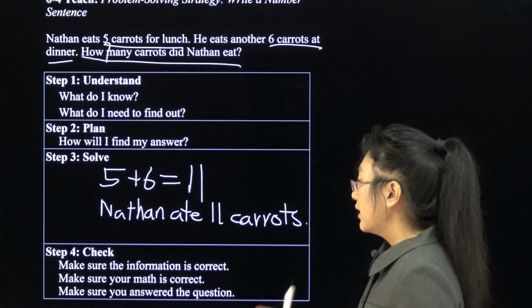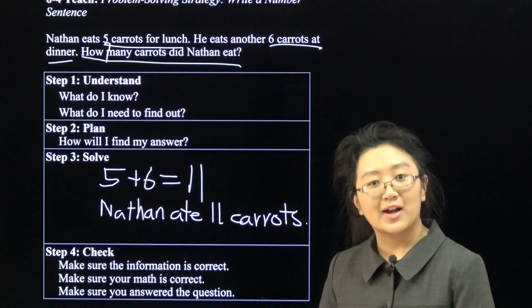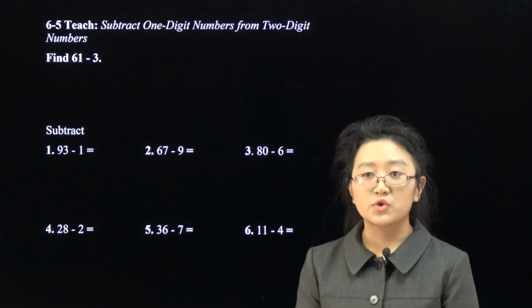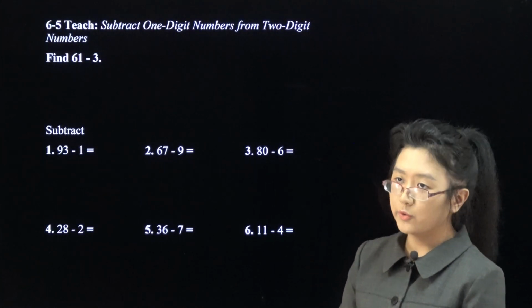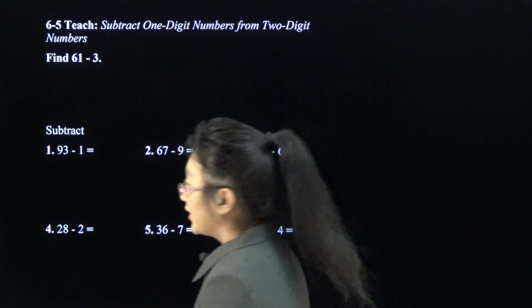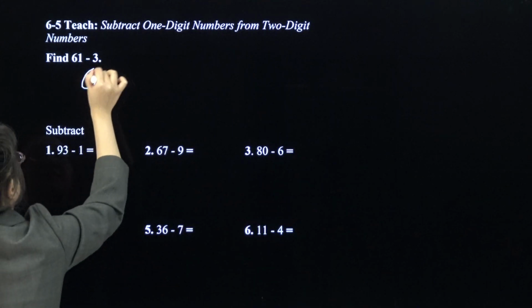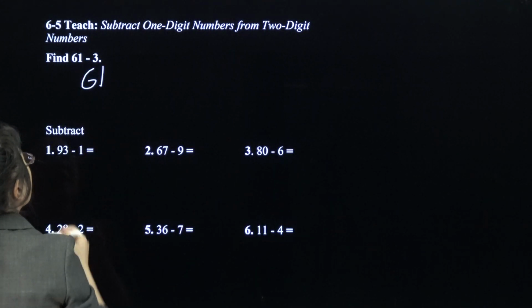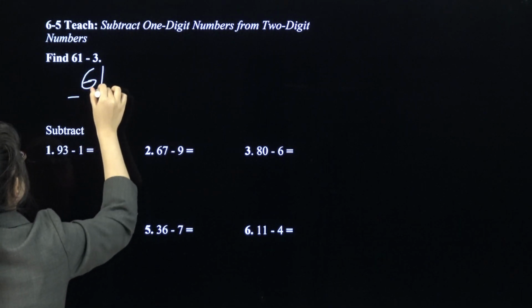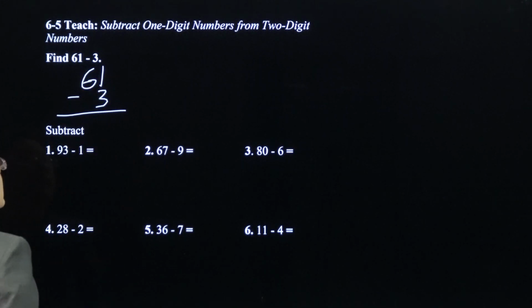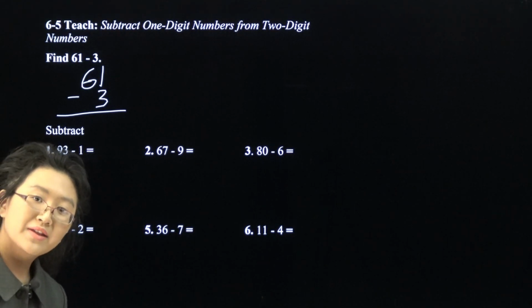Now, let's move back into subtraction. Okay, so subtracting 1-digit numbers from 2-digit numbers, really, you just need to line things up and maybe do some regrouping. So you line them up, you have 1 and 3 for your ones place.